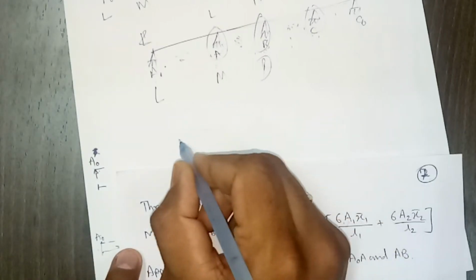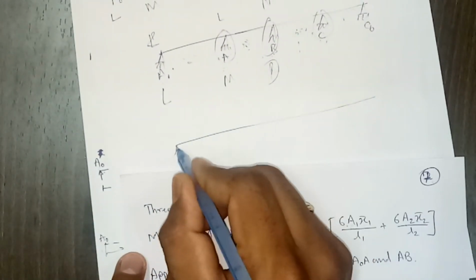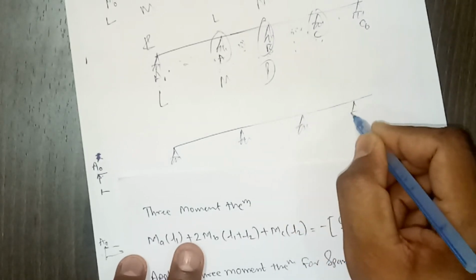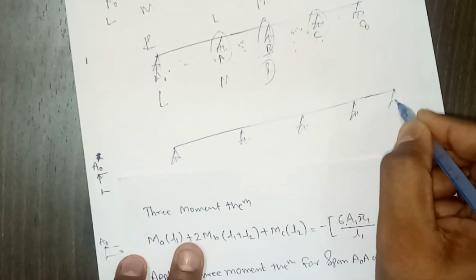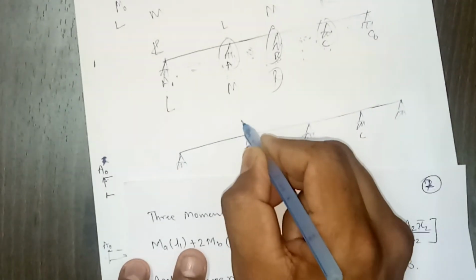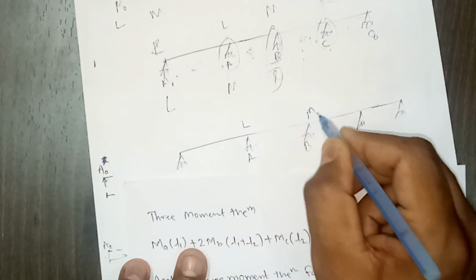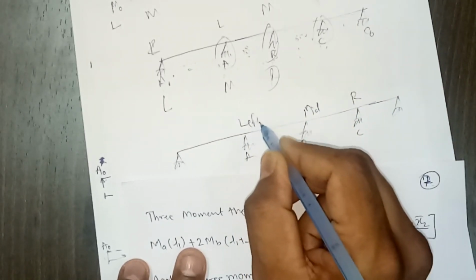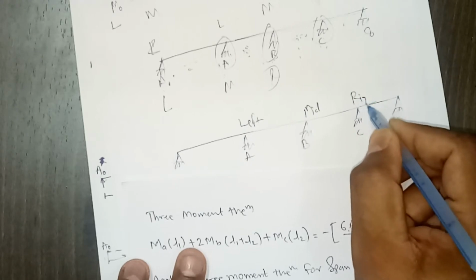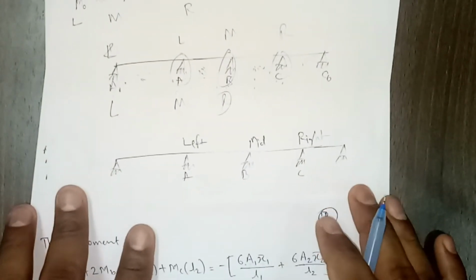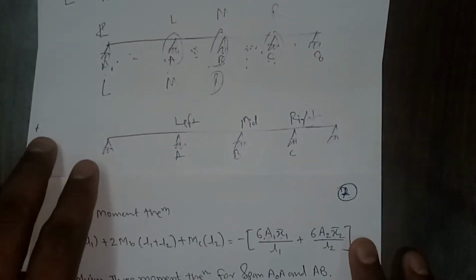I'm drawing it again here. So this is A, B, C. This is my left support, then middle support, and right support.